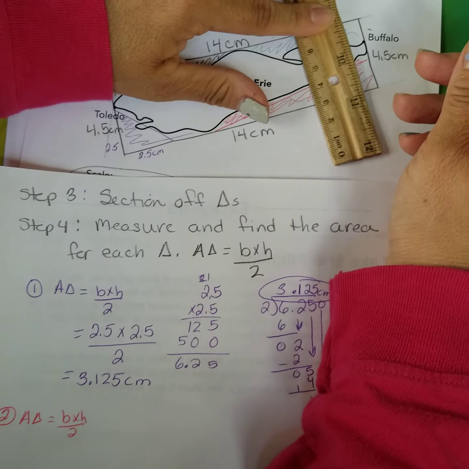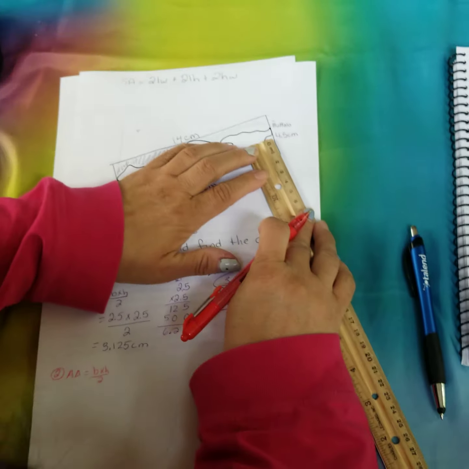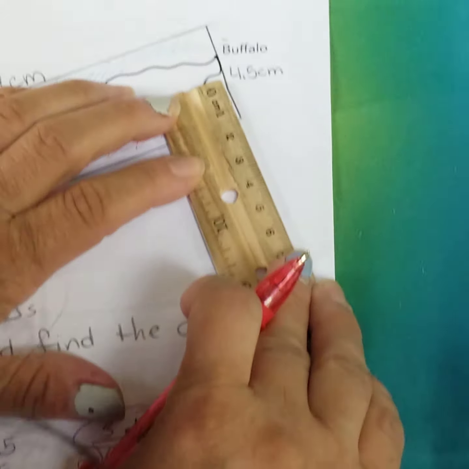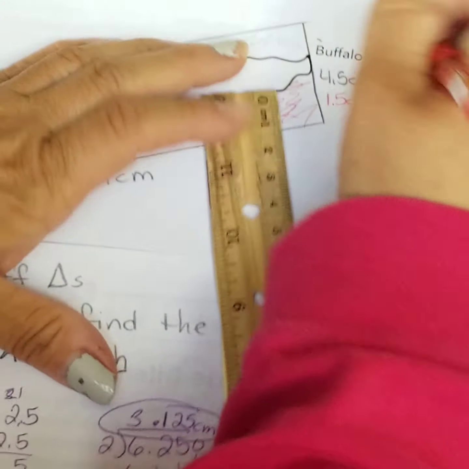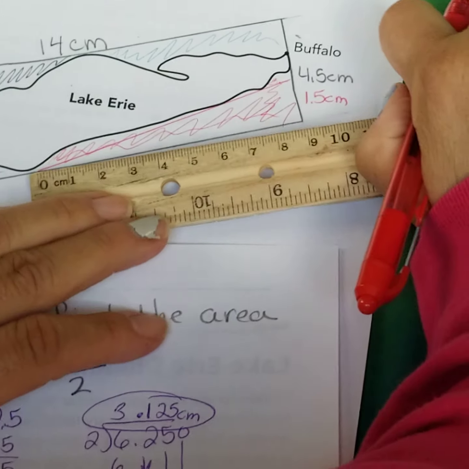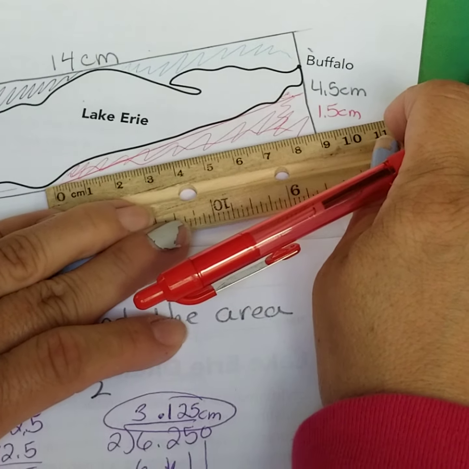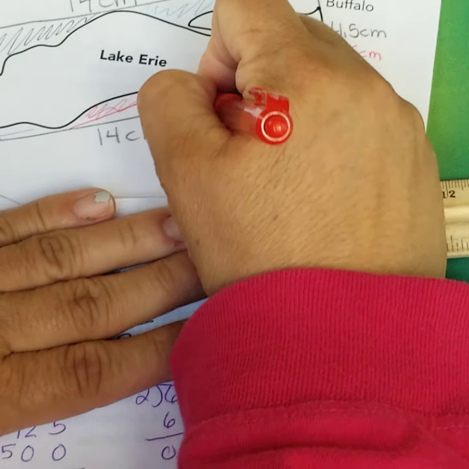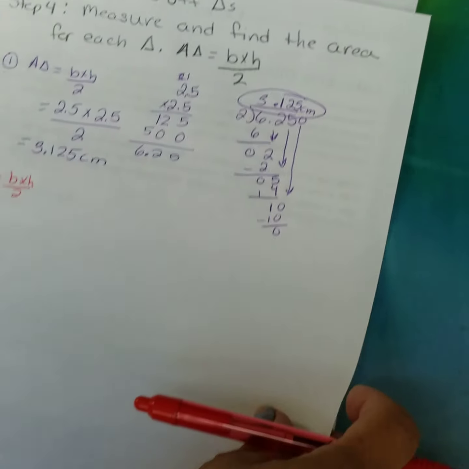So our height in centimeters is 1.5 centimeters. And our length here would be, it's like 9 centimeters. So let's figure that one out.